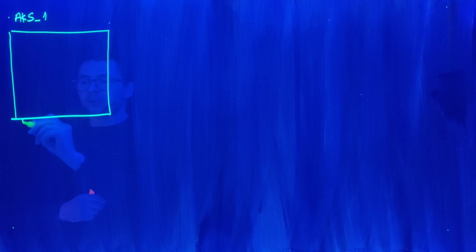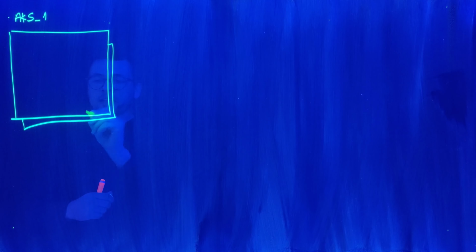So let's see how this works. Let's start first with a first AKS cluster. So let's say this is my AKS cluster number 1, and this is my cluster. It means that inside that cluster I have some objects deployed into the nodes of that cluster.